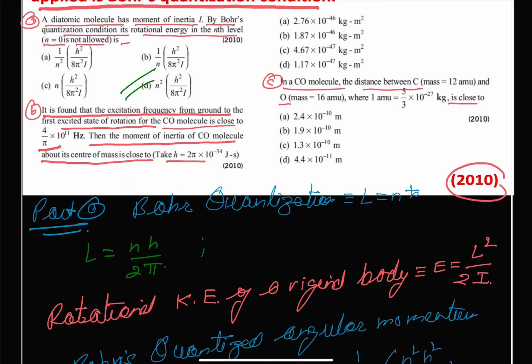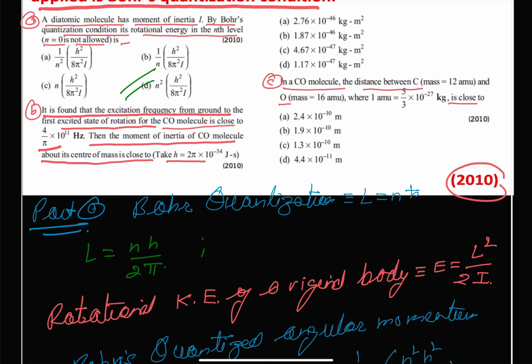It is found the excitation frequency from ground to the first excited state of rotation of CO molecule is given.